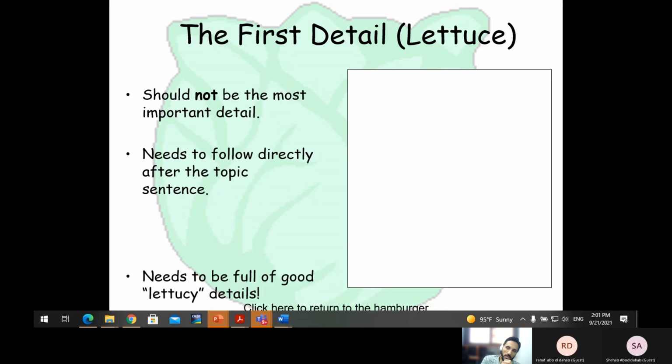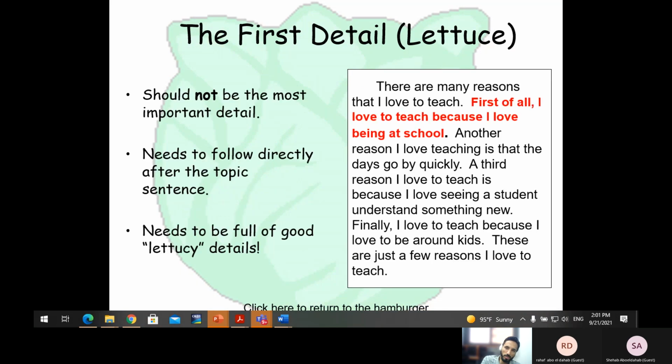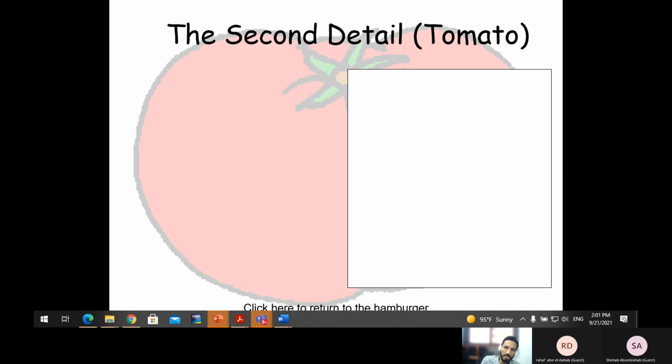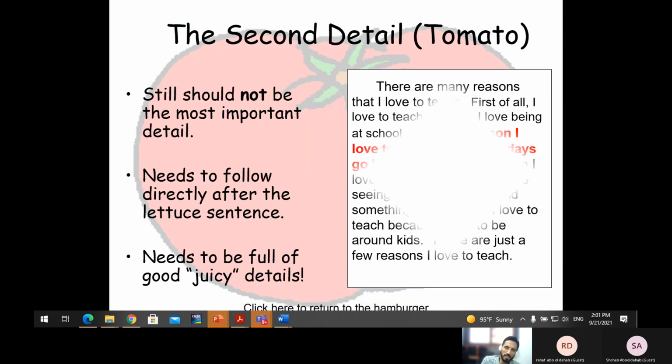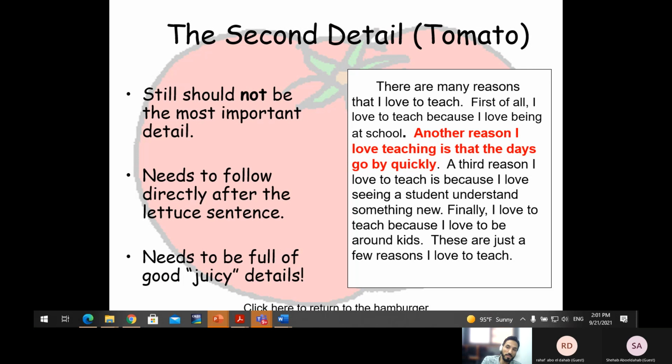Okay? So, as you see, this is the first supporting sentence that explains the first point, the first reason. And then the second supporting sentence is: another reason I love teaching is that the days go by quickly. Still shouldn't be the most important detail.